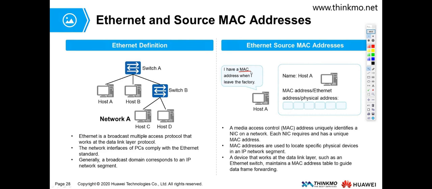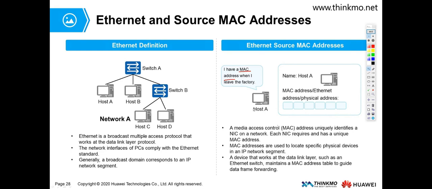Do we need to configure this MAC address ourselves? Not necessarily. When it leaves the factory, that is, when it is being manufactured, a MAC address will be burned into its chip, and it is globally unique and non-repeating. This MAC address is used to identify a physical device within our current network. It operates at the data link layer.